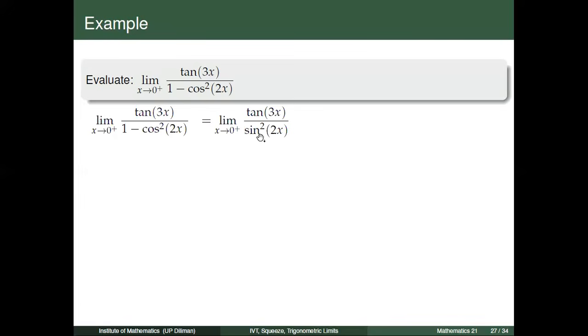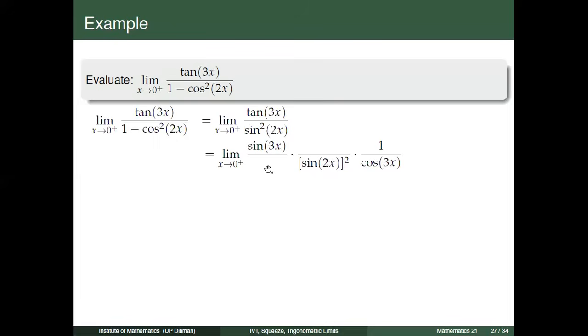Now, to use our results, we will rewrite the tangent function in terms of sine and cosine. Also, to shorten our solution, we will separate the factors as follows. We have the limit of sine 3x, which comes from tangent 3x, times sine of 2x, quantity squared, times 1 over cosine 3x, where this also comes from tangent of 3x.